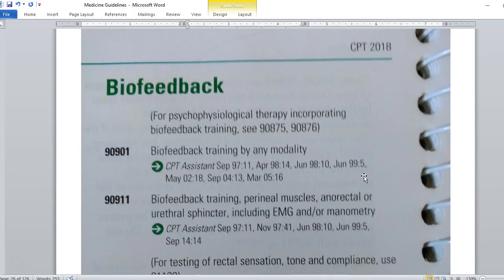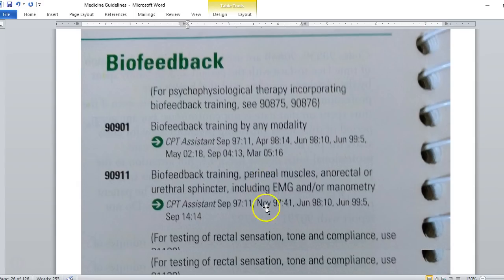So this is going to be done more often for both fecal and urinary incontinence. Okay, and we're going to see what happens to the patient. And in that testing, we're also going to hopefully give them some training of how to deal with those certain situations. There's only 2 codes. It's under biofeedback.